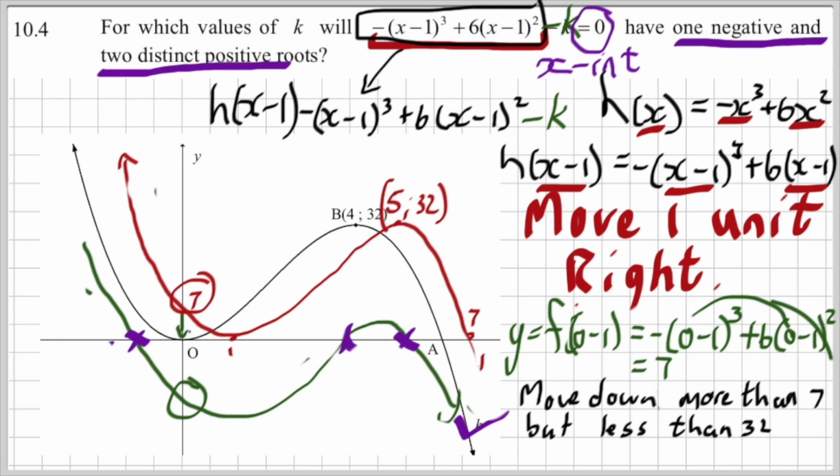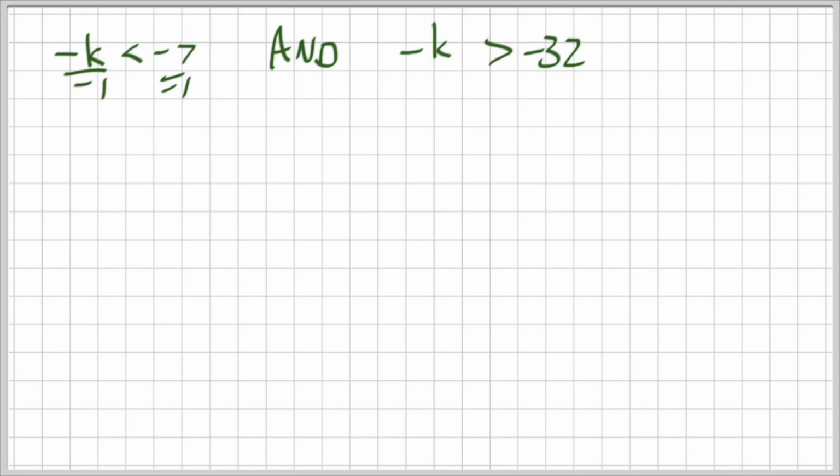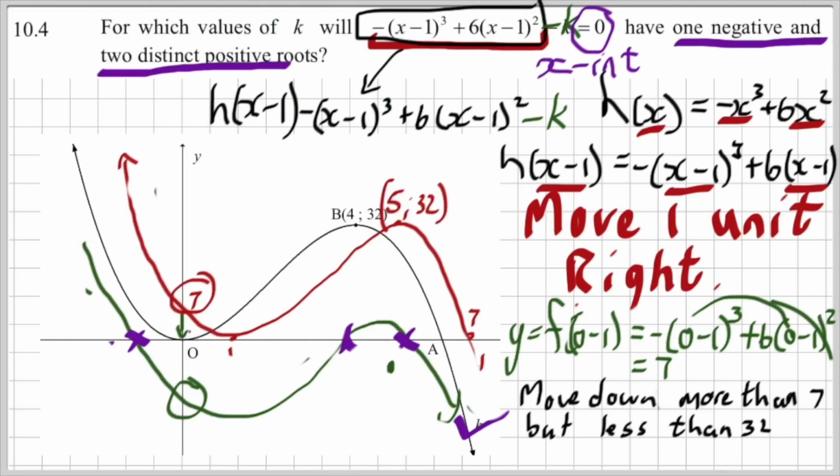But I don't want to move it down more than 32 units, because then my turning point is going to be below the x-axis, which I don't want. So how do I finalize now my question? My final question now says, let me just rewrite this for you. I'm going a little bit too fast.